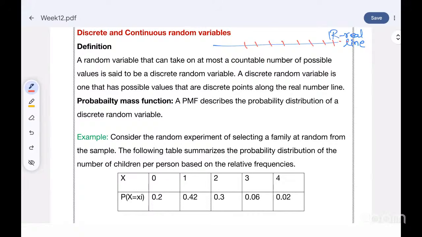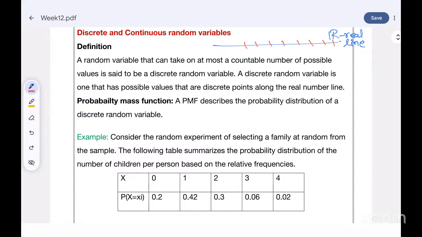Okay. So for a discrete random variable, we define the probability in terms of a probability mass function. What is a probability mass function? If you recall, a probability mass function describes the probability distribution of a discrete random variable.